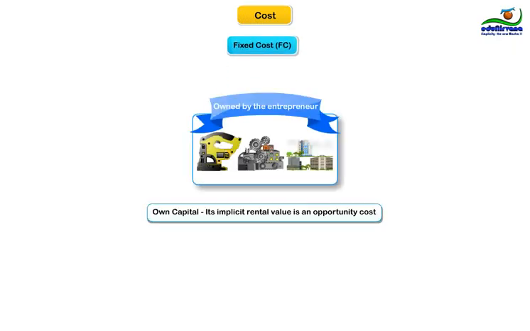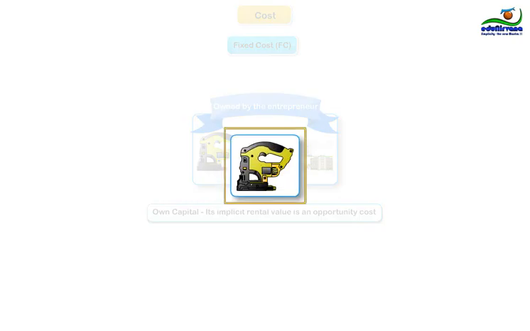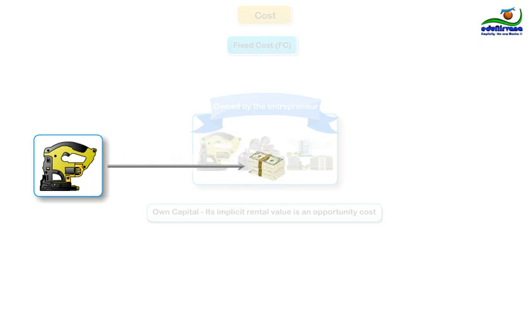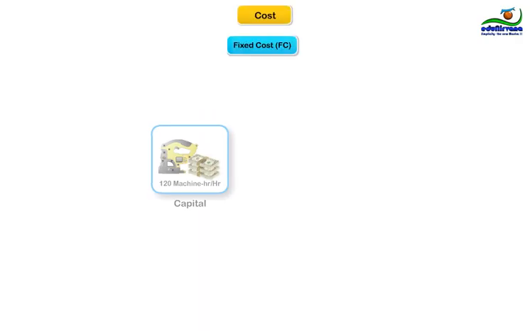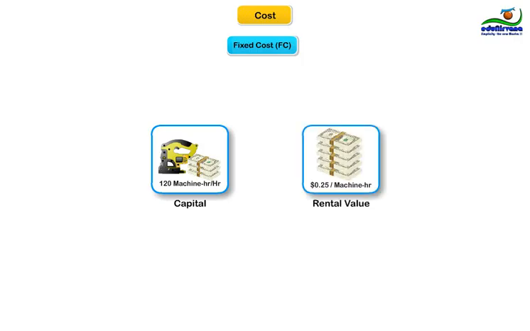If we own our own capital, its implicit rental value is an opportunity cost. The money that could have been earned if we had sold our capital and invested the proceeds in, say, a government bond. Suppose our capital is fixed at 120 machine hours per hour, the rental value of each of which is R equal to $0.25 per machine hour.